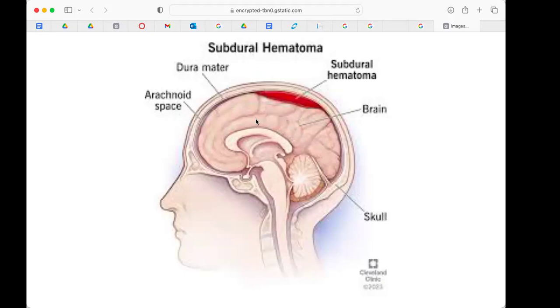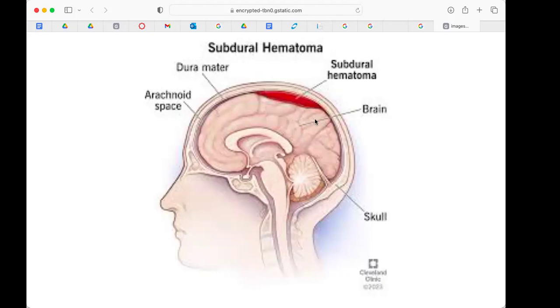If we don't fix that problem, it probably will lead to death, because eventually, when the brain has nowhere else to go, it's going to herniate, where a portion of the brain is going to exit through the foramen magnum. And the problem is the medulla oblongata and the pons are here in the brainstem, and that's what controls breathing.